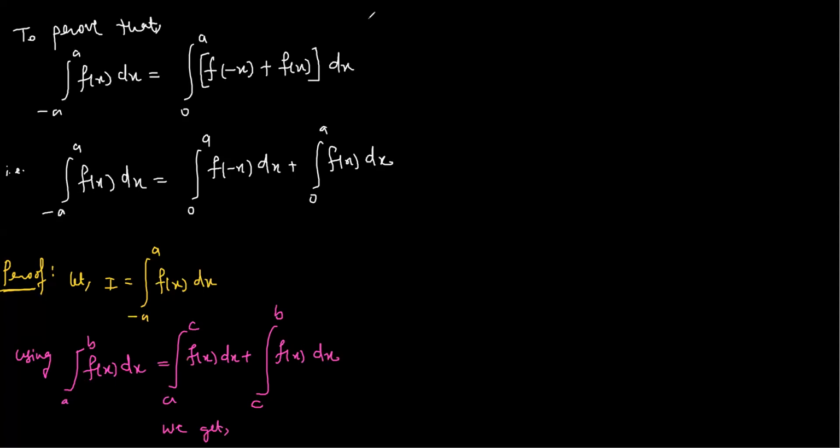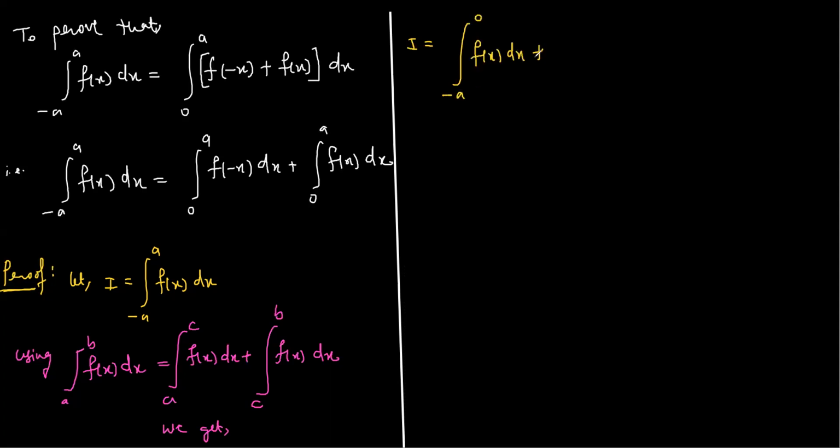I equals, see, this is minus a to a. I will break minus a to a as minus a to 0 f of x dx plus 0 to a f of x dx.